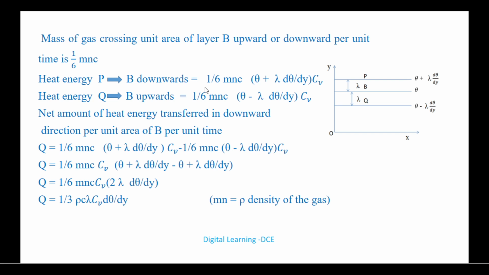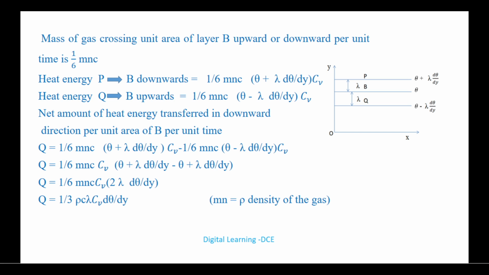That is the product of mass, temperature and specific heat capacity at constant volume gives the total heat energy carried by the molecules of the layer P and crossing unit area of layer B per unit time.